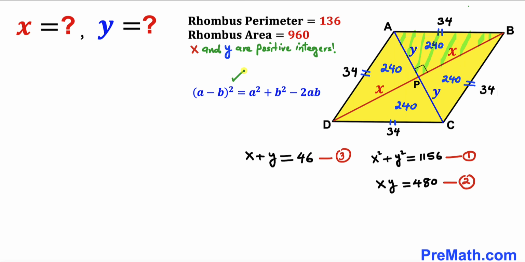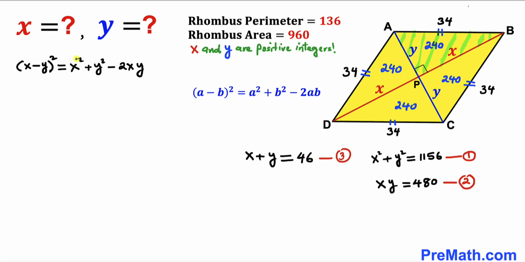Now let's recall another famous identity: (a minus b) whole squared equals a squared plus b squared minus 2ab. Replacing a by x and b by y, (x minus y) whole squared equals x squared plus y squared minus 2xy.